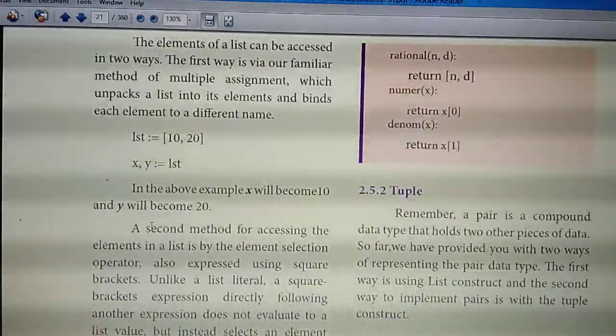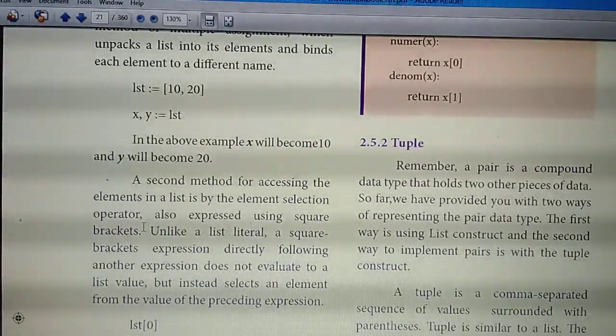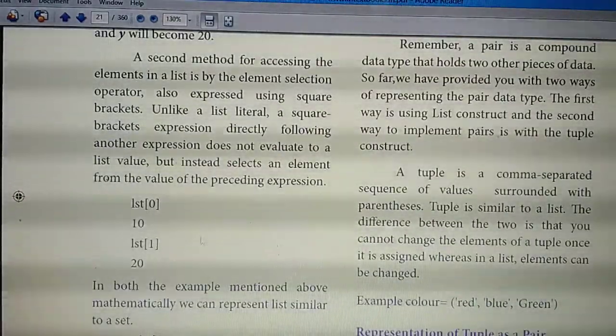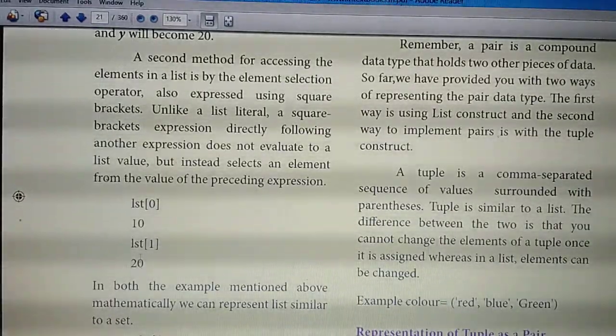From here up to brackets. Page number 15. The second method for accessing an element is also expressed using square brackets, up to brackets. Then this example you need to write: list of 0, list of 1, till 20. So actually you need to mark till 20.